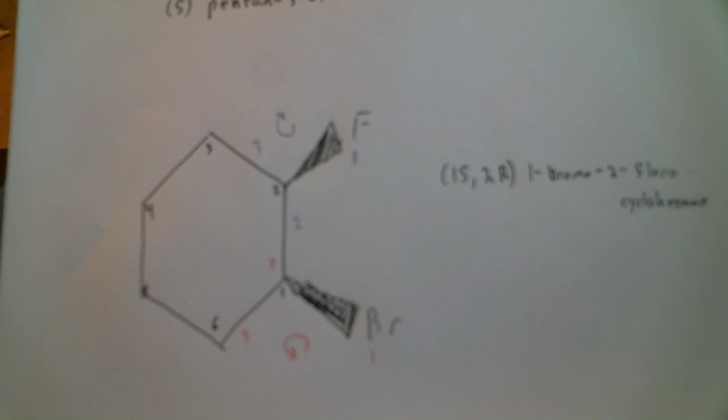For the next example, we have a cyclohexane, and we have 2 substituents: a fluorine and a bromine right next to each other. With them being next to each other and bromine being first alphabetically, that gets the number 1 carbon, and fluoro gets the number 2 carbon. Now starting with the fluorine, fluorine would be the highest priority.